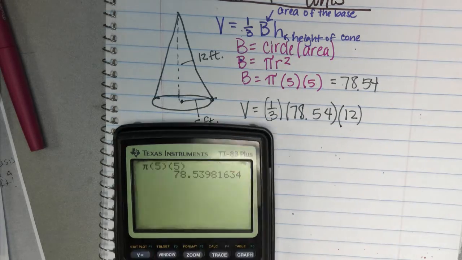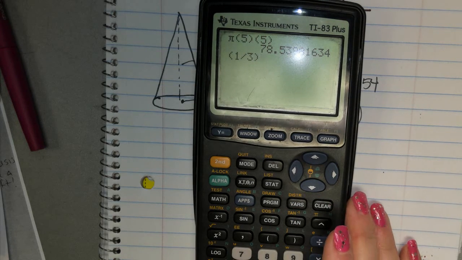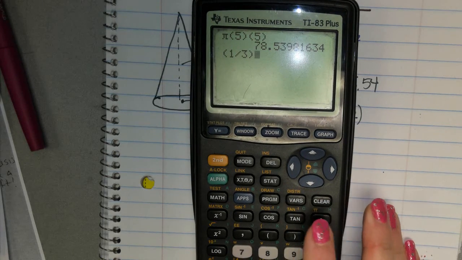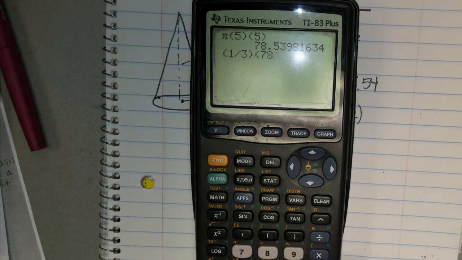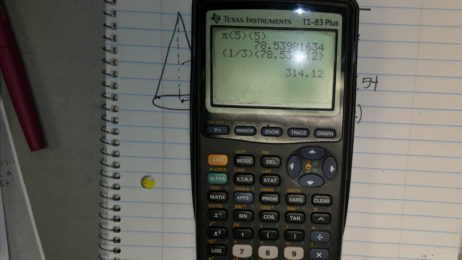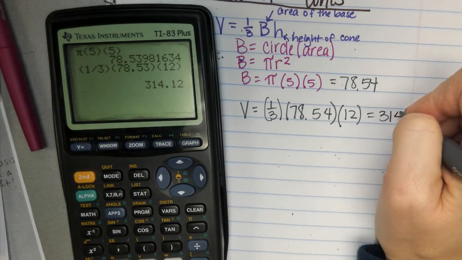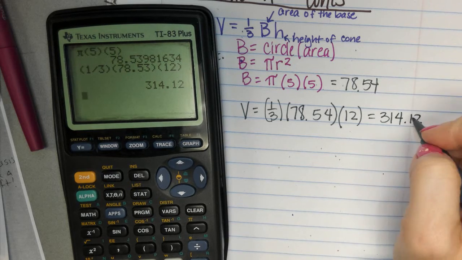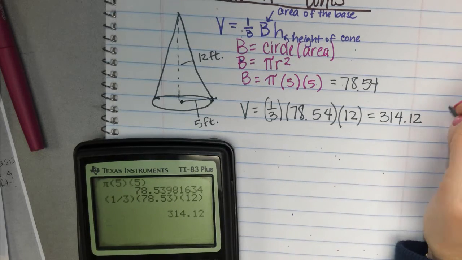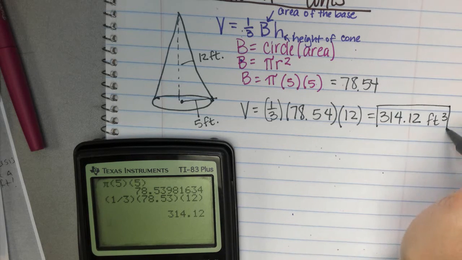So now I can go ahead and put all of that in my calculator. 1 divided by 3 makes 1/3, times 78.54, and then times the height, which is 12. And that gives us our answer, 314.12. And that is feet cubed because it is volume.